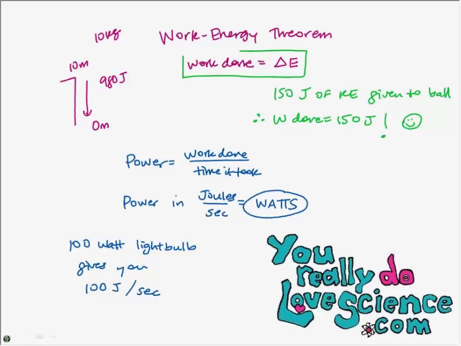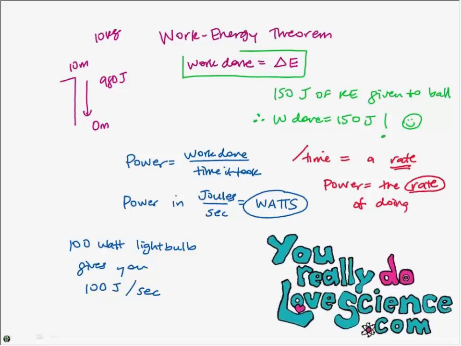So think about this. You know when you divide things by time, like how much time it took? Whenever you divide by time, that equals a rate. Okay. So power is the rate of doing work. How fast you're doing it.